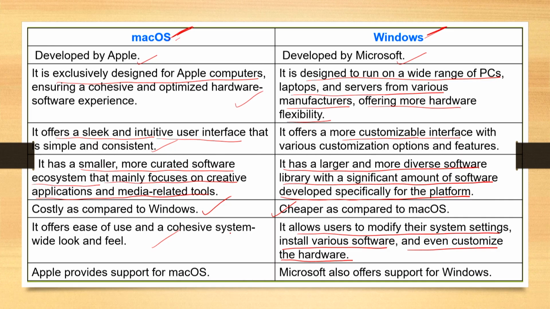You have to purchase the software in the case of a Mac operating system. So that's why it's very costly and its maintenance is also costly. Apple provides support for the Mac operating system, whereas Microsoft offers support for Windows.